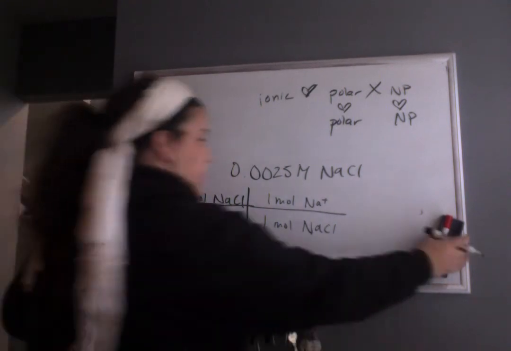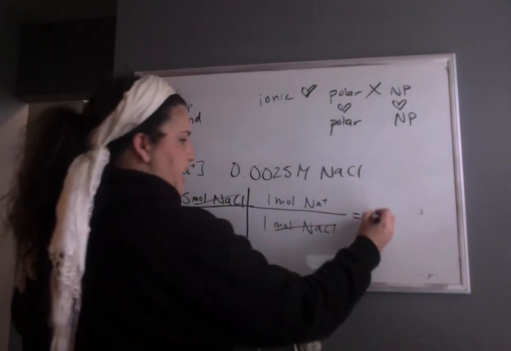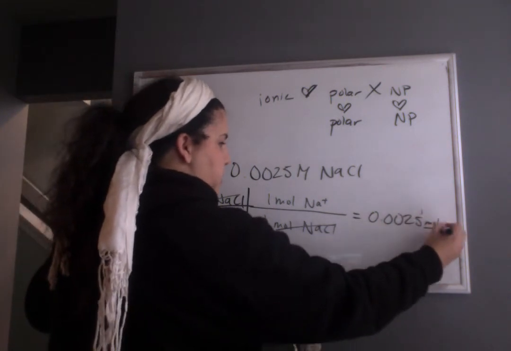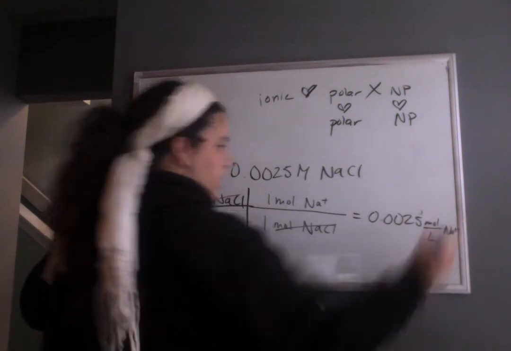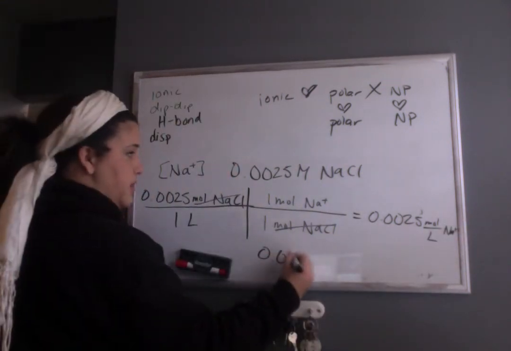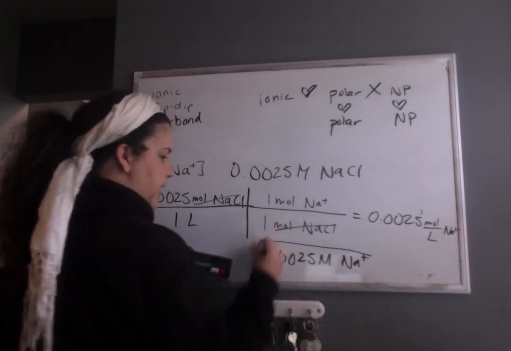Now, when I come up with some answer here, I should end up with the exact same 0.0025 moles per liter Na plus, my sodium plus, which again is the exact same 0.0025 molarity sodium plus.